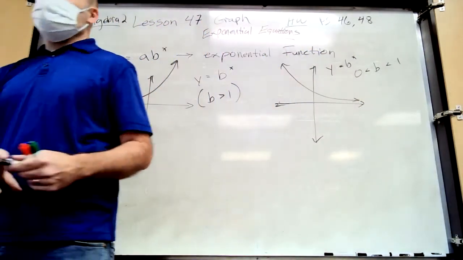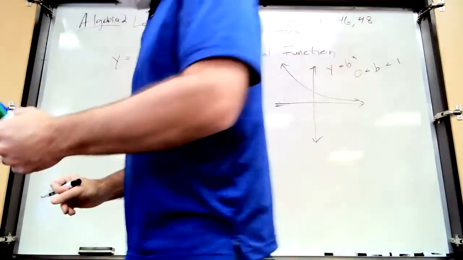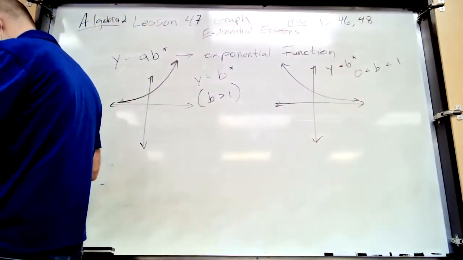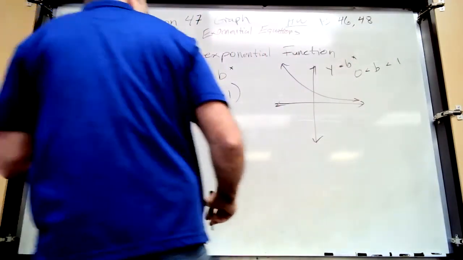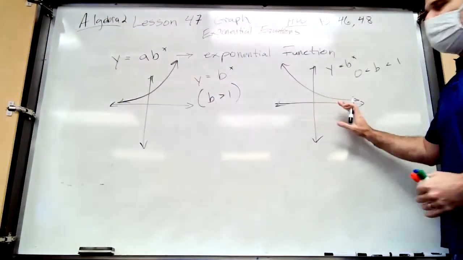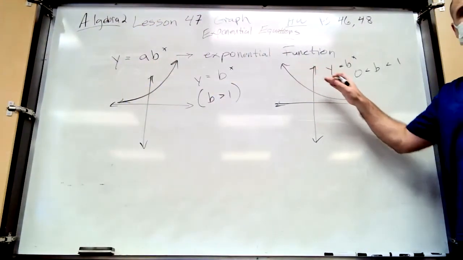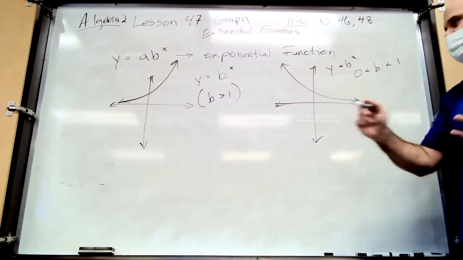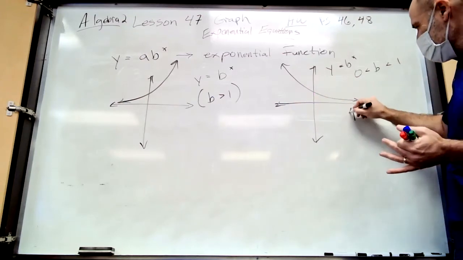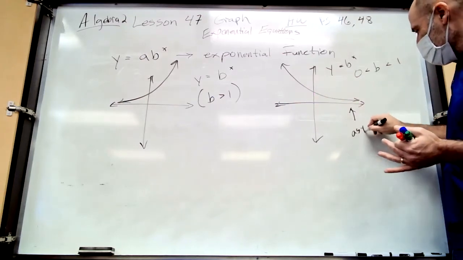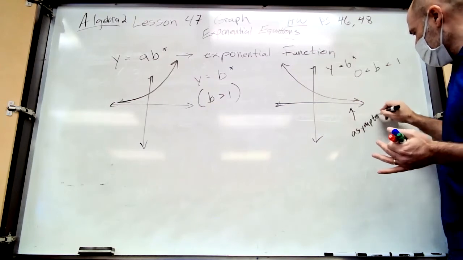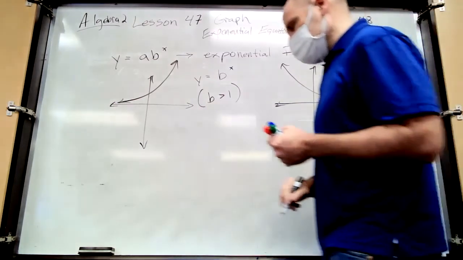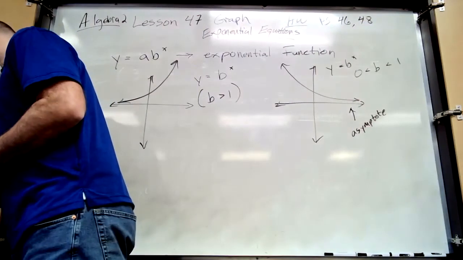All right, now here's a fun word, and this is called an asymptote. An asymptote is a line that something approaches but never really touches. So for example, this would be called the asymptote. I think that's how you spell it.